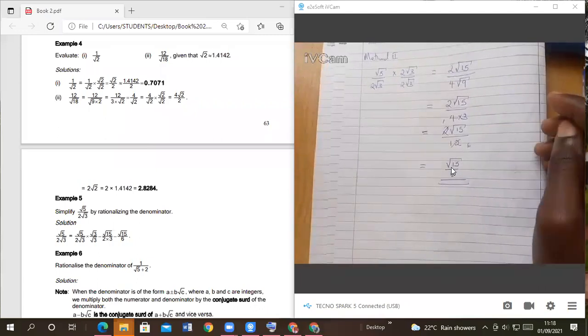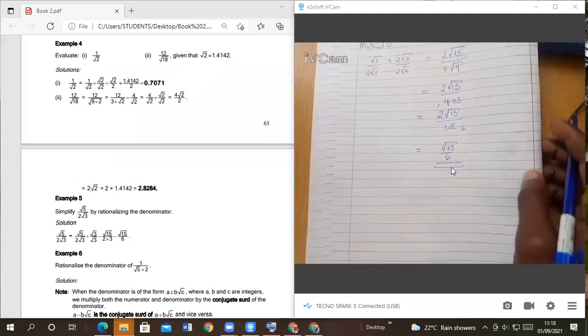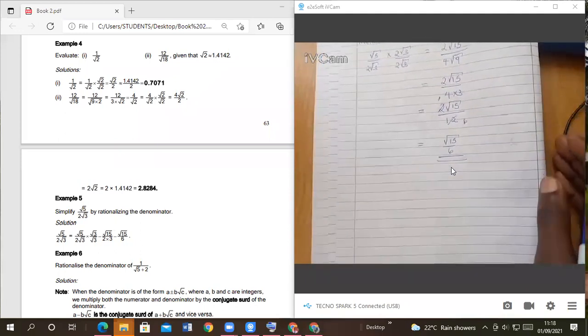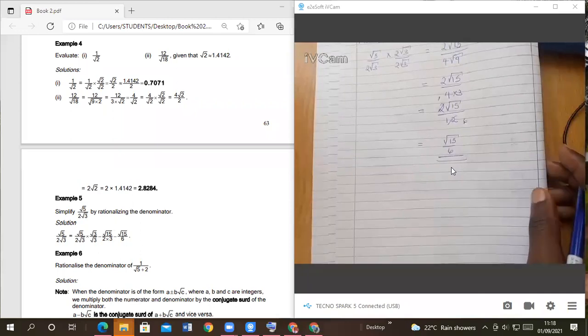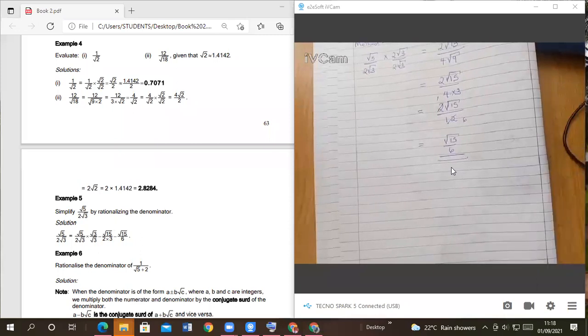It must be in simplified form. As long as there are common factors, simplify it. Members, are we together? Now, what we have looked at is when we have only a single term in the denominator.